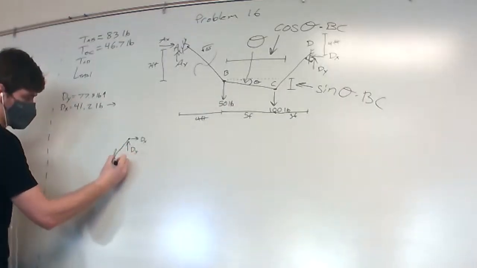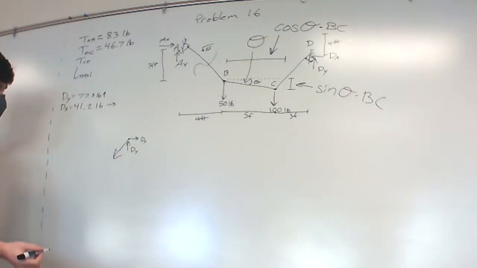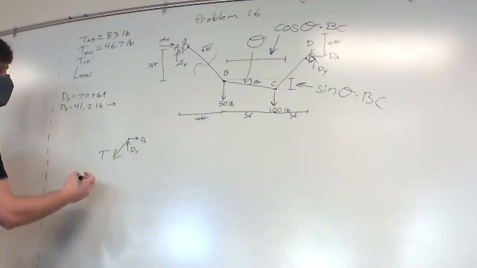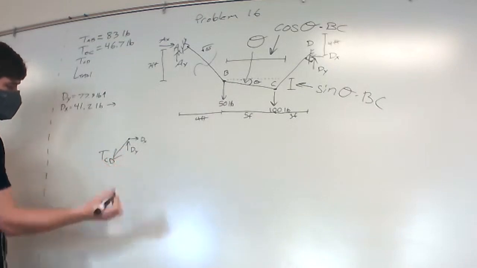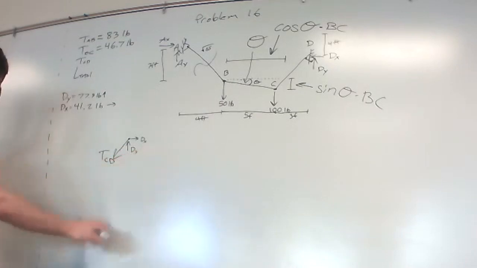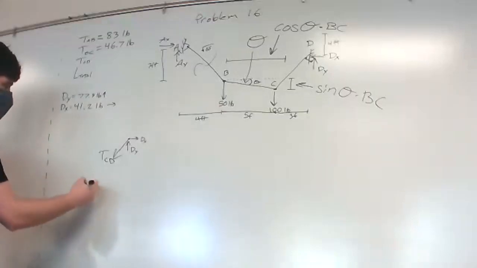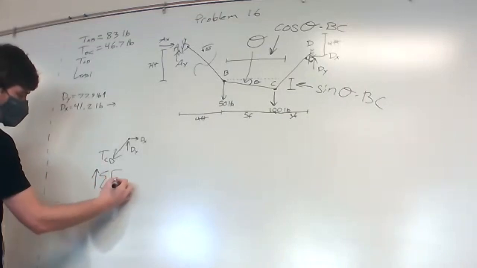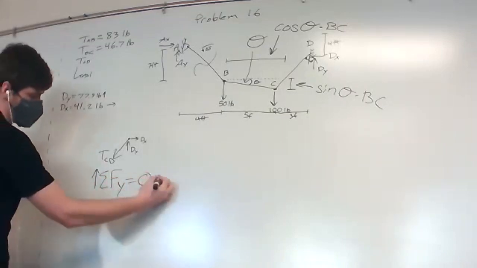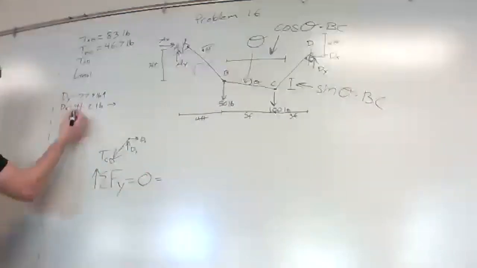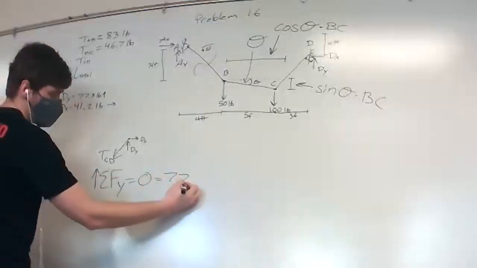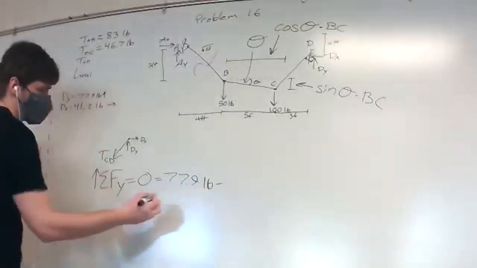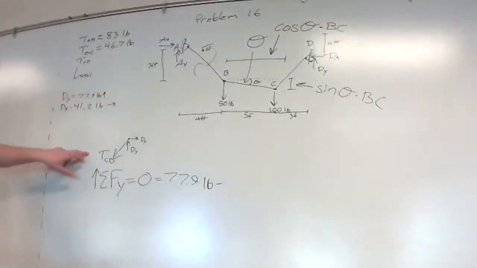And we finally, at last, just have joint D with TCD as our only unknown because we've already found dx and dy. So here we can easily just say sum of the force in the y direction is equal to dy, 77.9, minus, we say minus because TCD is going down and to the left.